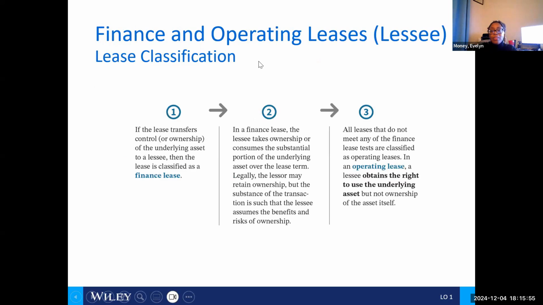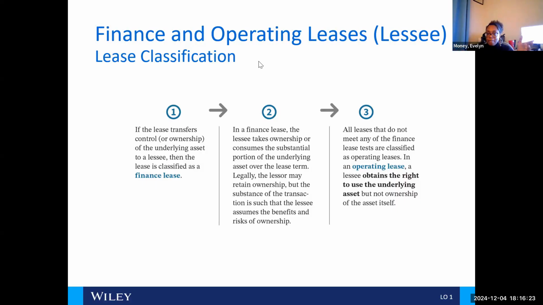All right, so how do we tell whether we're dealing with a capital or finance lease or an operating lease? With a finance lease, that is the one where the transaction is structured such that it looks like the lessee is borrowing the money. In essence, when we look at the details of the transaction, the lessee gets to use up the asset.